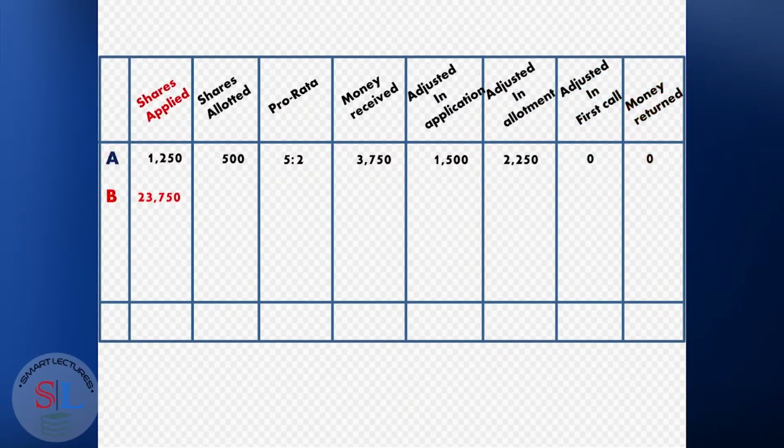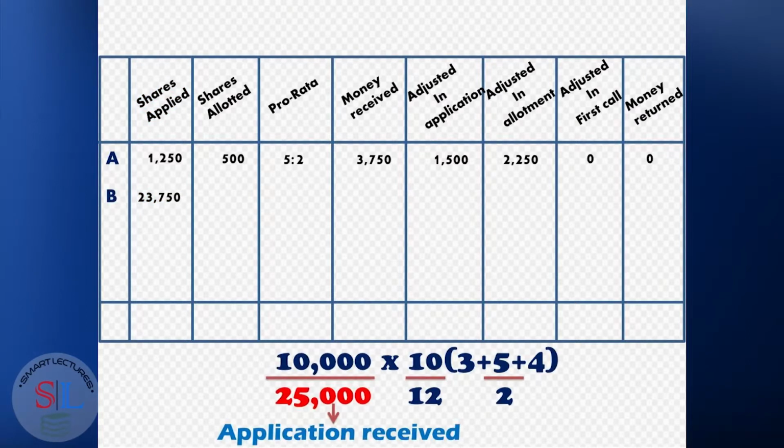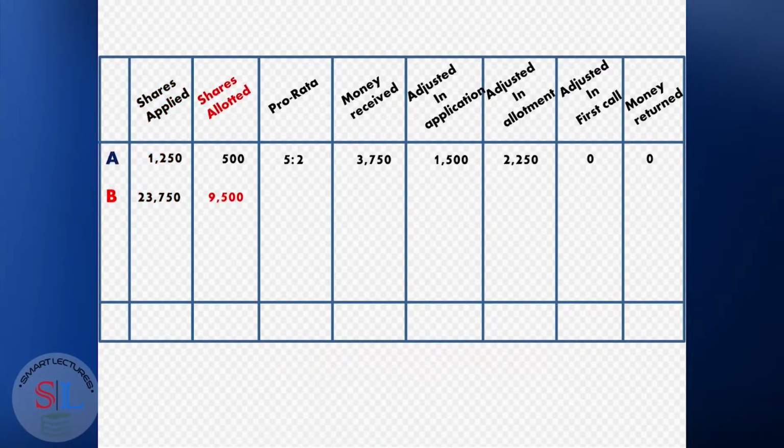And then B applied for 23,750, because total applications received were 25,000. If A applied for 1,250 shares, then the other shareholder must have applied for 23,750, and he must have been allotted only 9,500 shares.